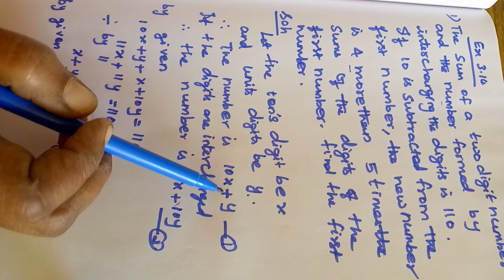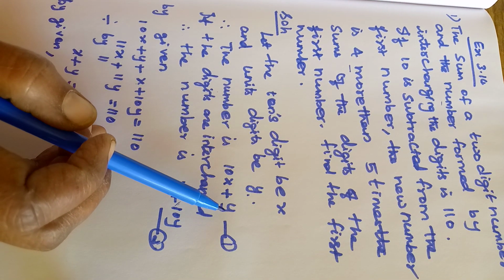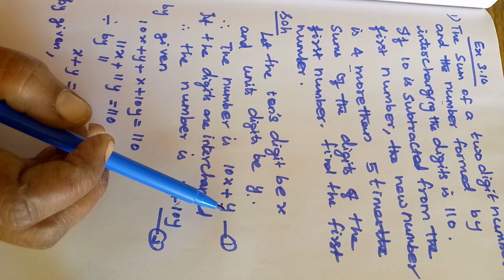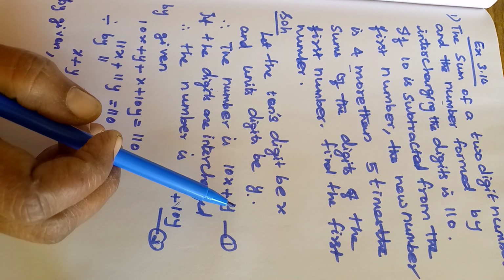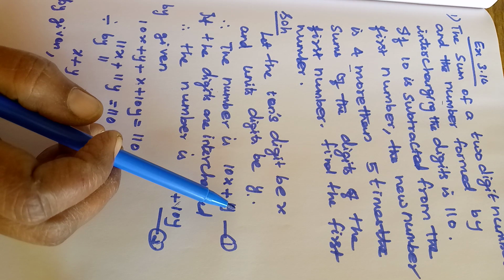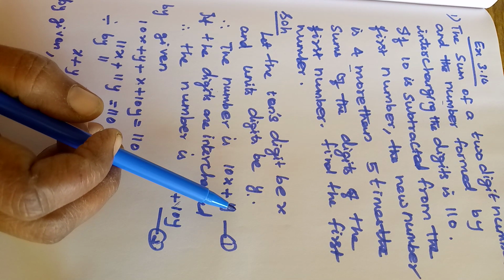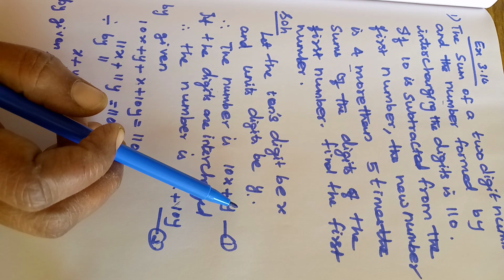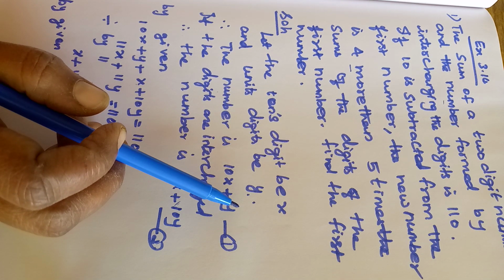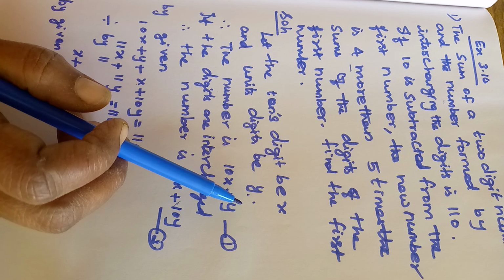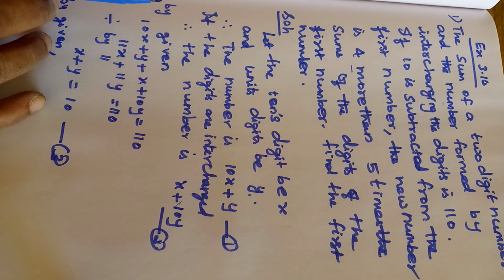The first number is 10x plus y. So 10x plus y minus 10 is the new number. 4 more than 5 times the sum of the digits of the first number. 5 times the sum means 5 into x plus y. 4 more than means we have to add 4. Listen carefully.